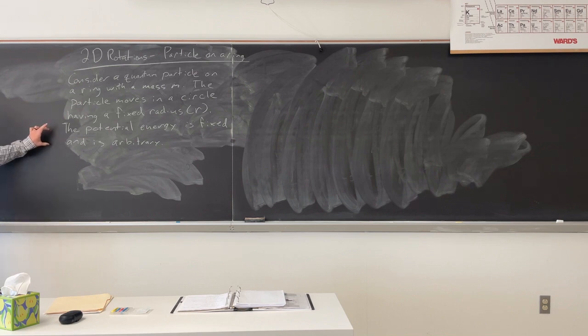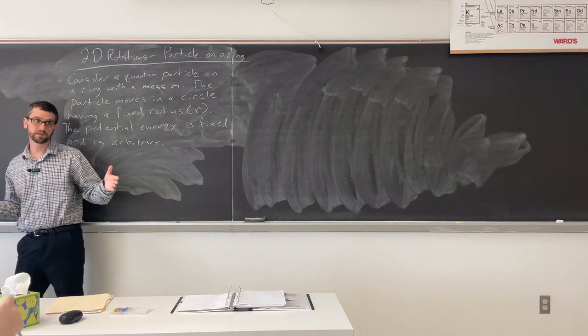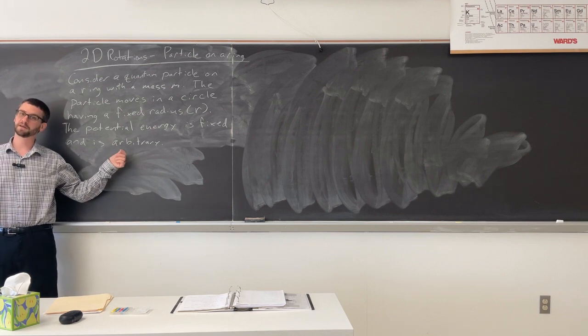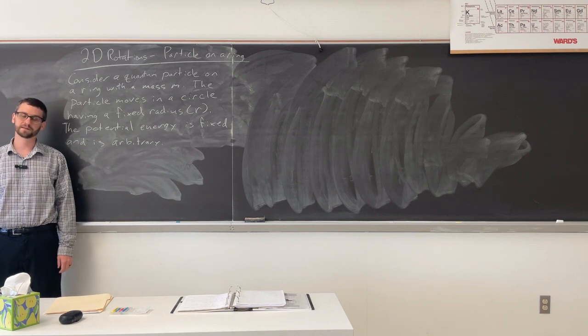If the potential energy is fixed and it's arbitrary, does that number really matter? No. It just means we'd be adding or subtracting some number over and over again. We care about the relative difference between things here, right? So if you had to pick an arbitrary number to set this to, what would you set it to?